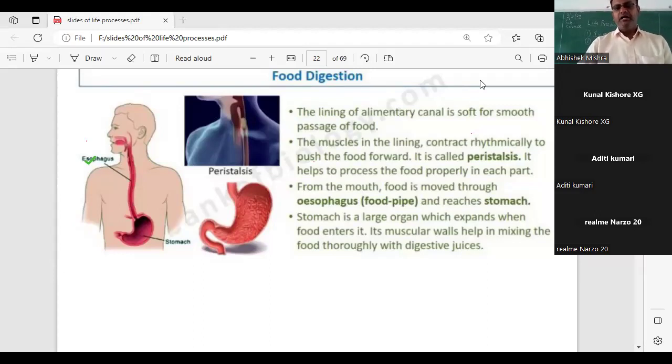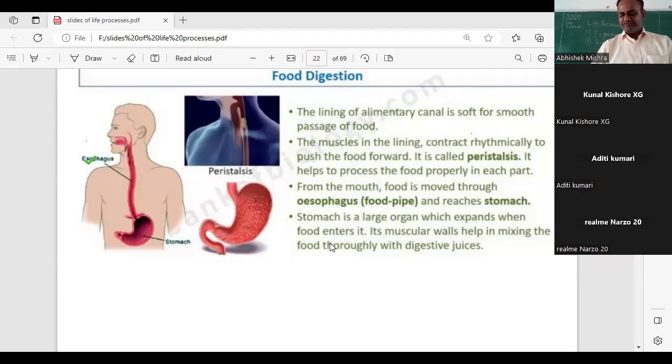So what happens with the secretion which the small intestine receives from the liver? The liver secretes bile juice, and bile juice converts the acidic medium of the food into an alkaline medium, and it brings about emulsification of fat molecules. Okay, well explained, Kunal. Very good.